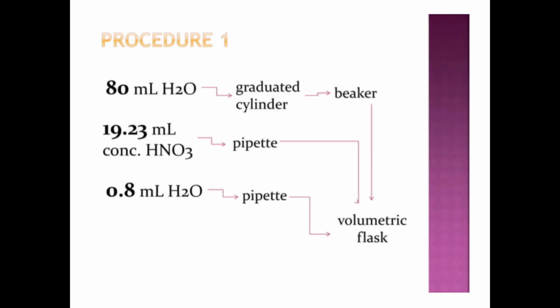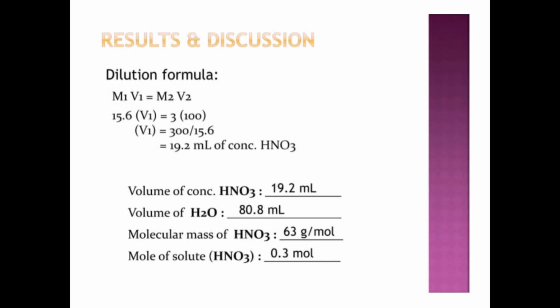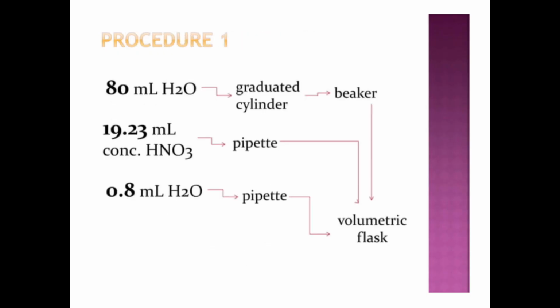Now, once you have calculated successfully the amount you need, both the amount of water that is needed and the amount of the acid that is needed. Now, the amount of water needed is 80.8. However, for better accuracy, you may decide to first measure the 80 ml to remain 0.8.